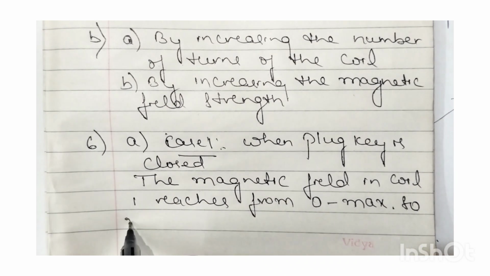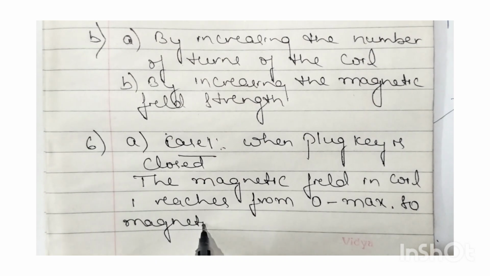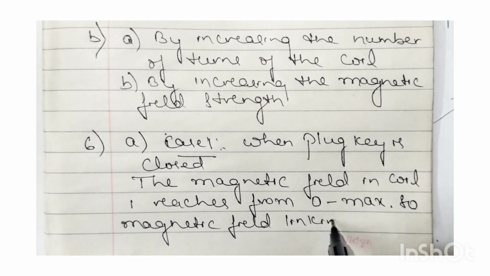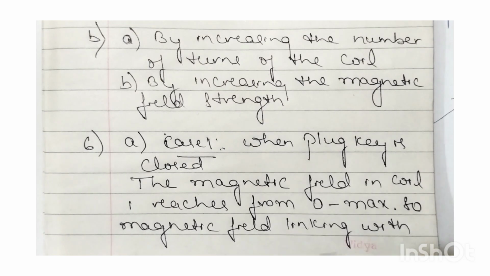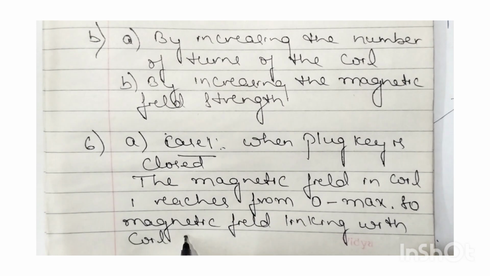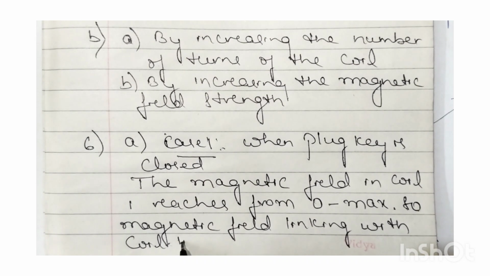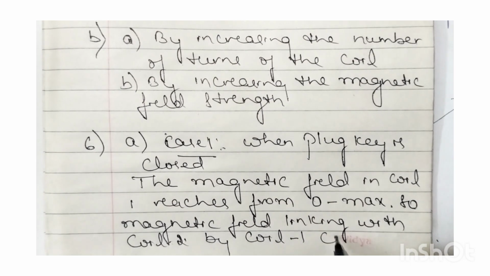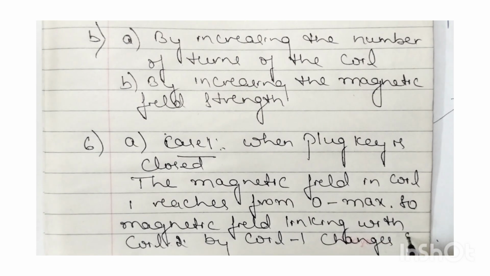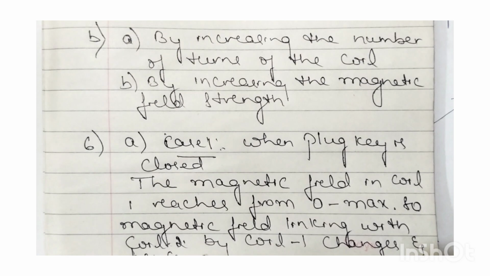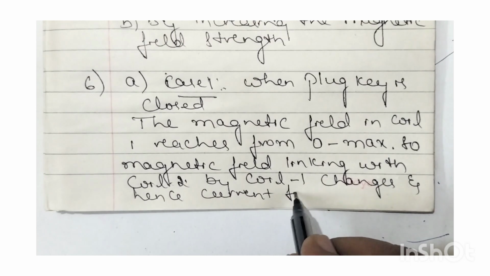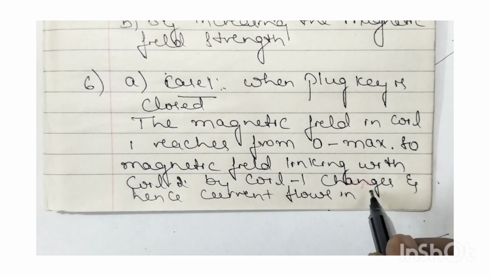So the magnetic field linking with coil 2 by coil 1 changes, and hence current flows in coil 2.